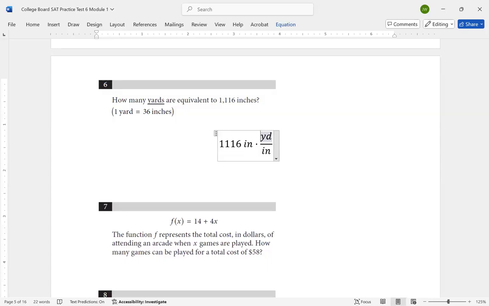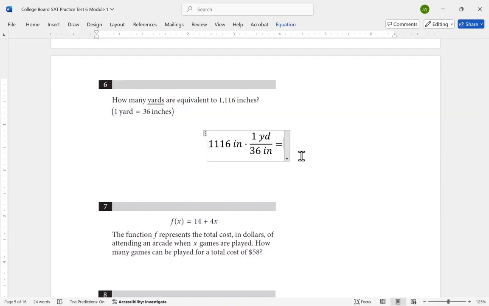Well, if it's the equivalent of 1, we know that 1 yard is equal to 36 inches. So if we do this multiplication, what will happen is the inches labels will get canceled out and we'll be left with a label that is yards. So that's all we do.